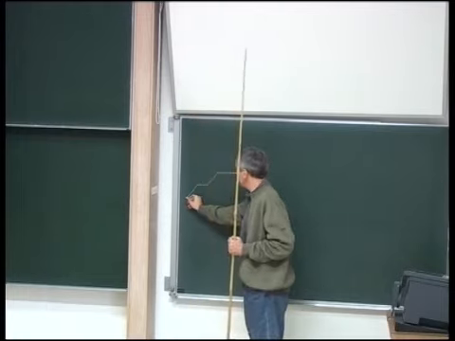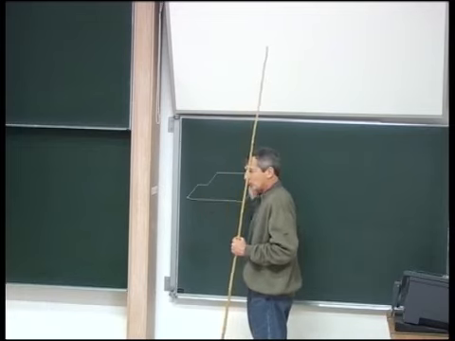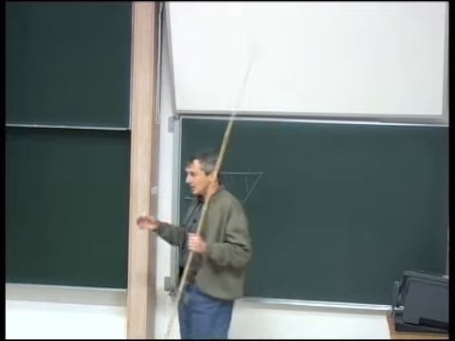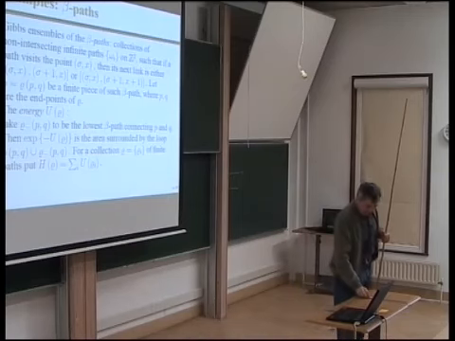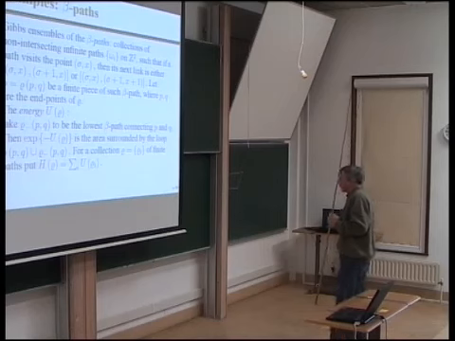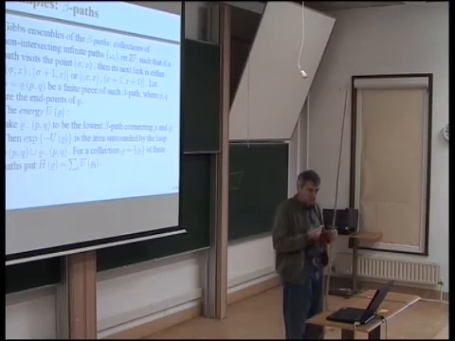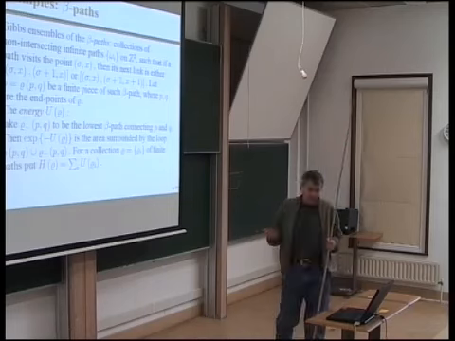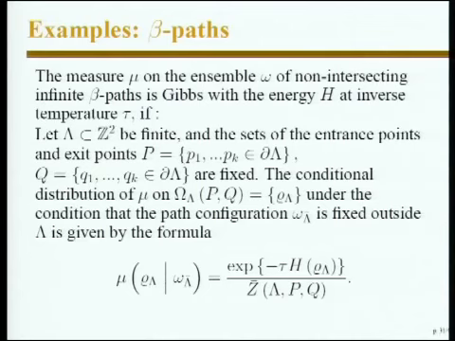You should draw the lowest lying path, which is also going this way, and you take this area, and this area is the relative energy of your path, and only those relative energies are needed in order to define the value of the action function, and then the conditional measure that you are getting looks really very similar.